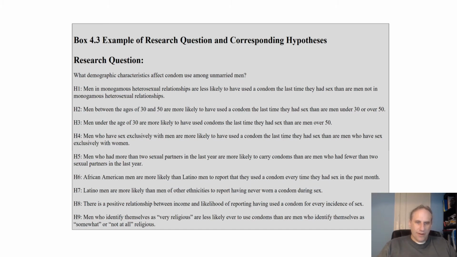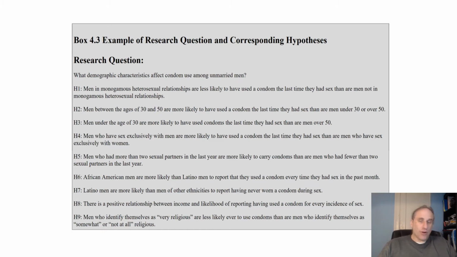Then you might have another hypothesis. Men between the ages of 30 and 50 are more likely to have used a condom the last time they had sex than men under 30 or over 50. Now, why might that be? Well, if you're between 30 and 50, you're more likely to be having sex potentially than people over 50.